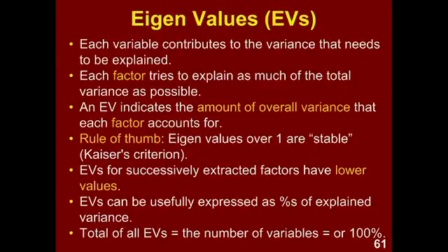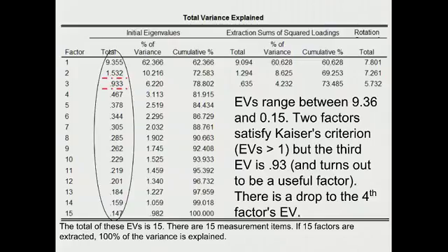And you might have another factor that is worth 1.2, but when you look at it, it's just a pile of garbage. But as a rough starting point, eigenvalues over 1 is about a good place to be choosing how many factors to extract.